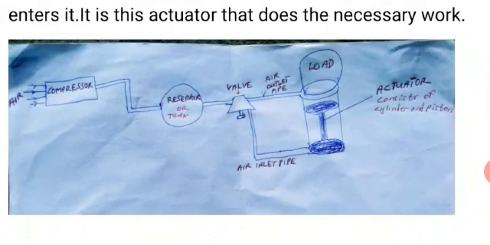Listen again. The components are the compressor, the tube which connects the compressor with the reservoir, the reservoir or tank, the valve, and the actuator. Those are the 5 components of a simple pneumatic system.